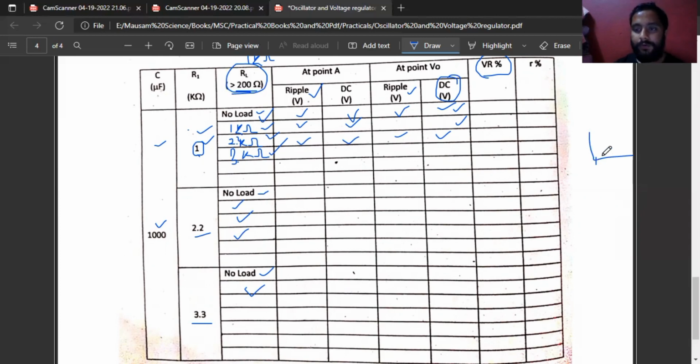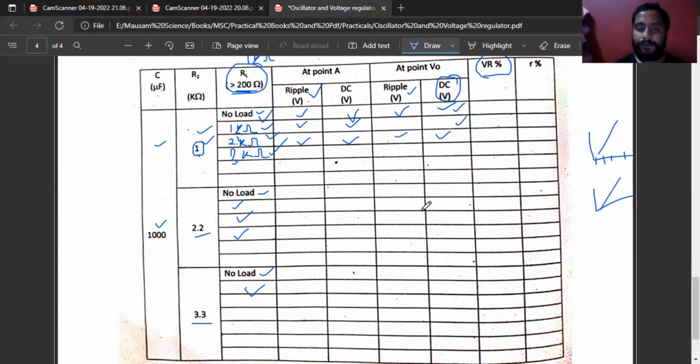Suppose 0, 1, 2.2, 3.3, and we'll see whether the voltage is increasing or decreasing for this 1 kilo ohm. Similarly, for 2.2 kilo ohm, we need to trace another curve.